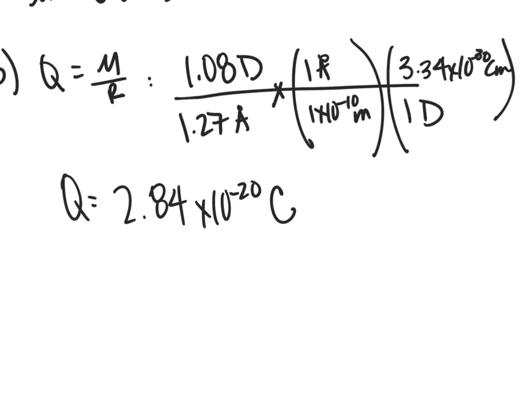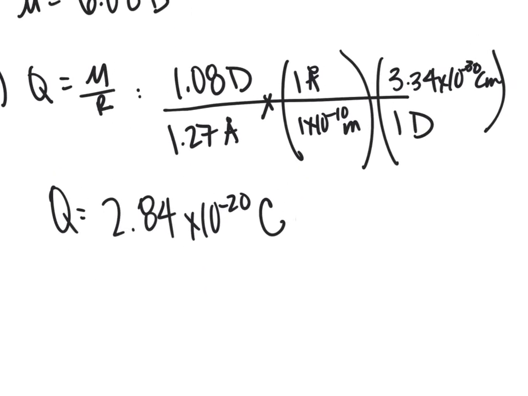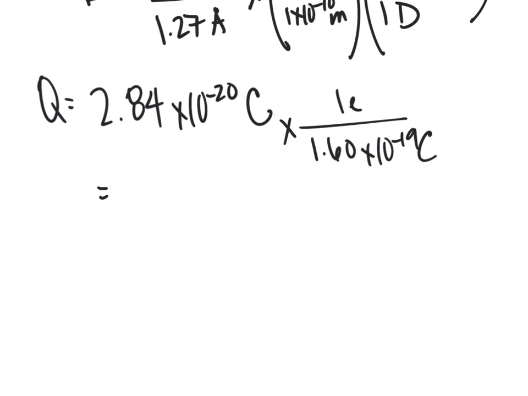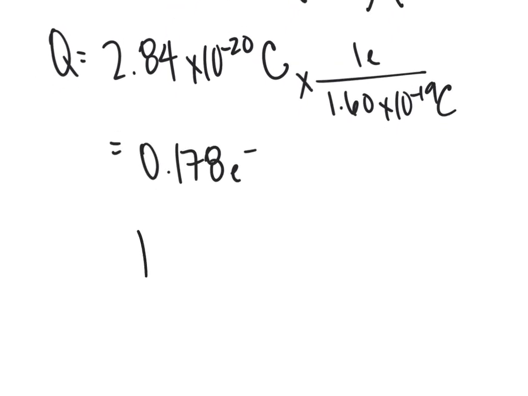So instead of thinking about this random charge, we really want to know what fraction of an electron is on either side. We can use the charge on an electron, 1.60 times 10 to the negative 19 coulombs is 1 electron. That gives us that the charge in terms of electron is 0.178 e minus, meaning we have a slight charge that looks like this.